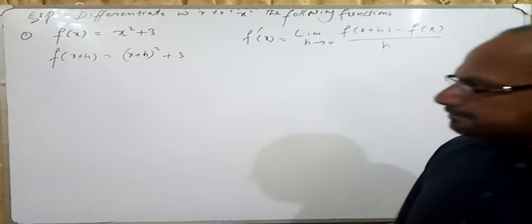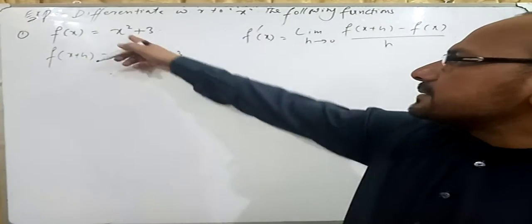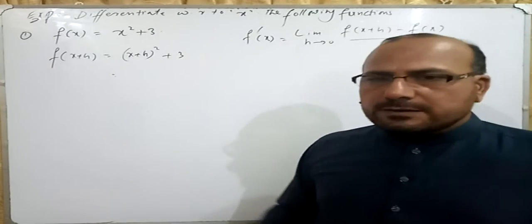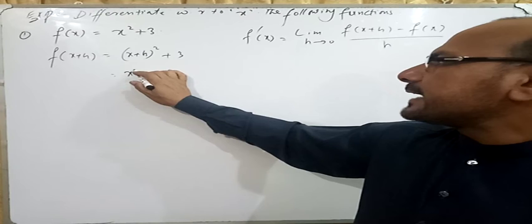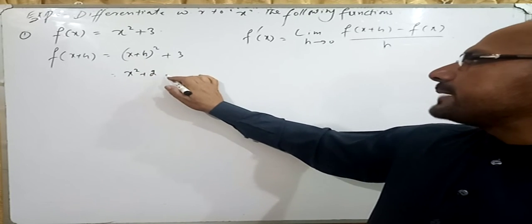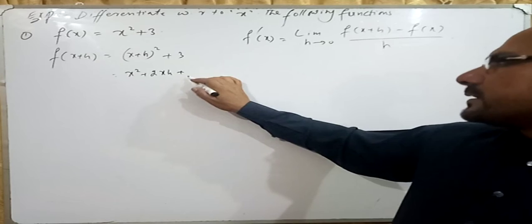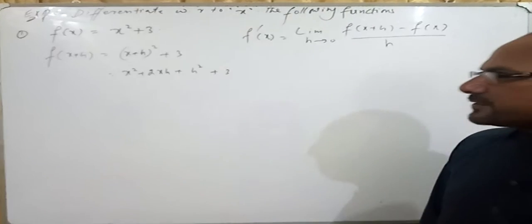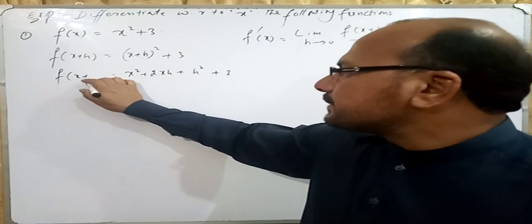Here we have the form of a complete square, a plus b whole square, which is equal to x square plus 2ab, that is 2xh, plus b square, meaning h square, and plus 3 will remain unchanged. This is the value of f of x plus h.